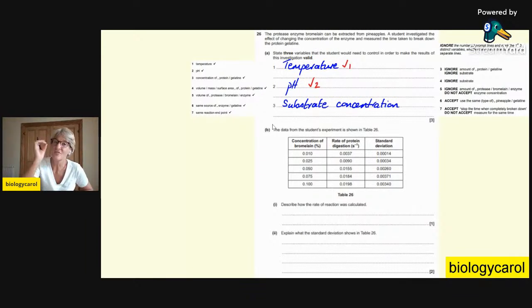The fact is, and this is absolutely a valid thing that A-level examiners expect, that you don't just give pat standard answers, but where you can relate a part of your pat standard answer to the question itself, you should do so. So here, I should not have used the word substrate because they've told me what the substrate is. I should have said gelatin.